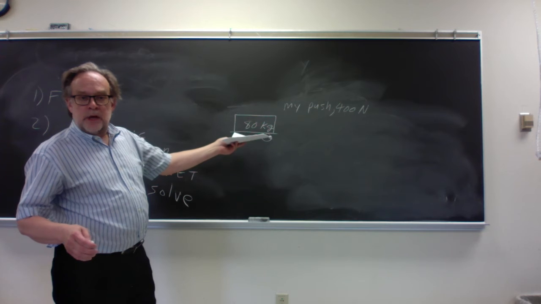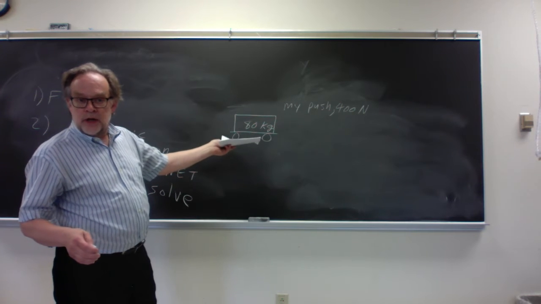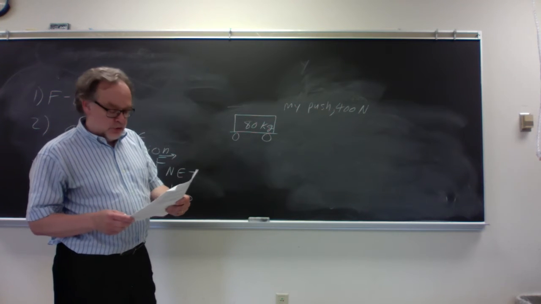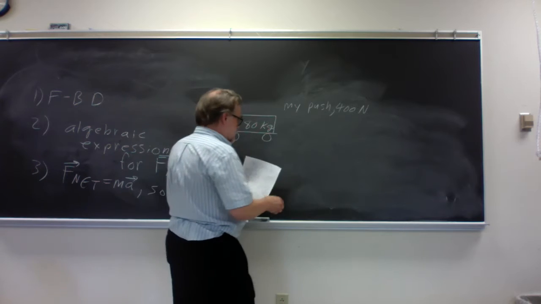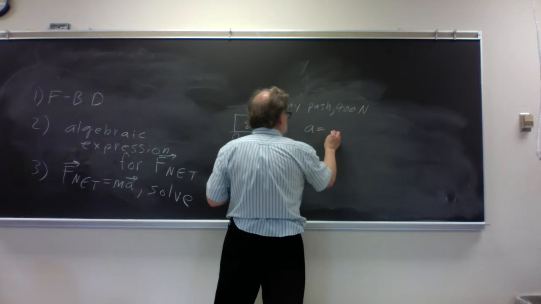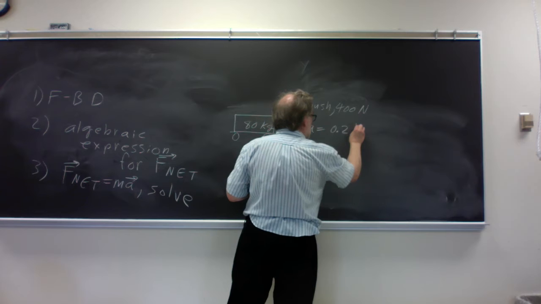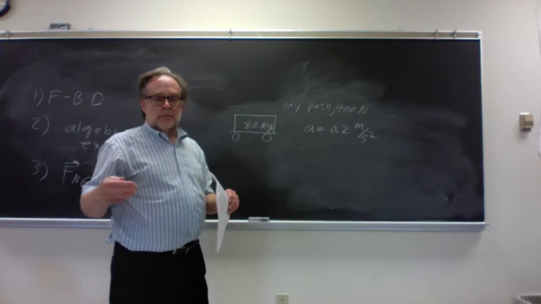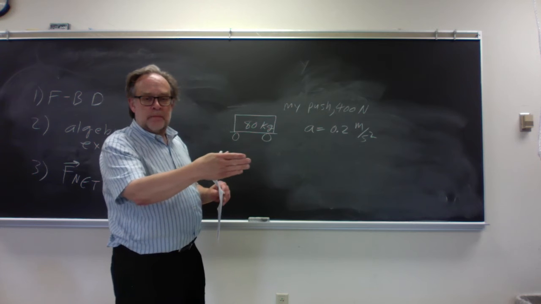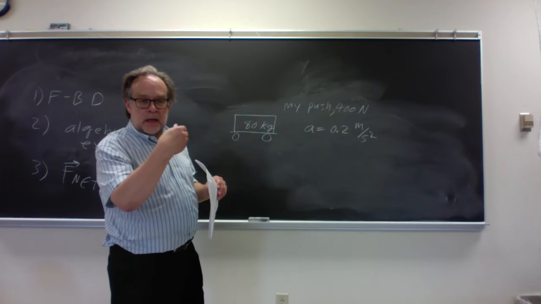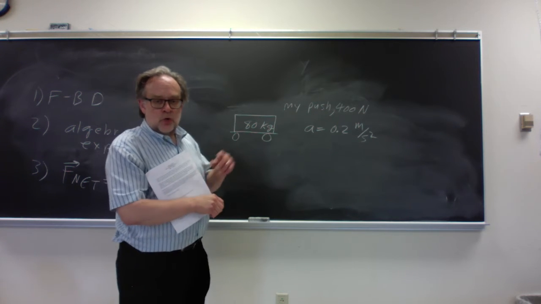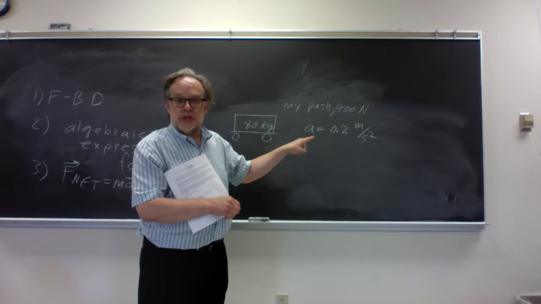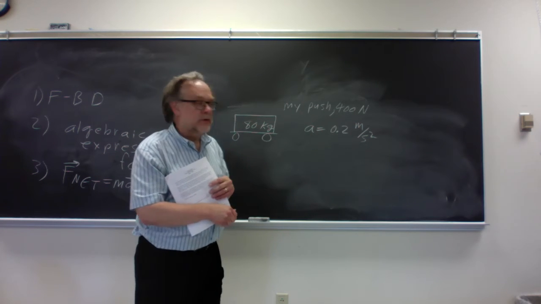And somebody has measured how the crate and I are moving, and they determined that our acceleration is 0.2 meters per second per second. All right, the crate and I are speeding up as we move this way, and in every second we're moving 0.2 meters per second faster than we did in the previous second.